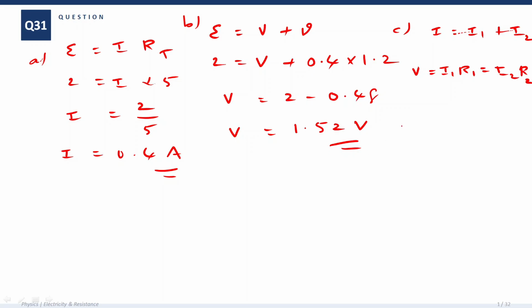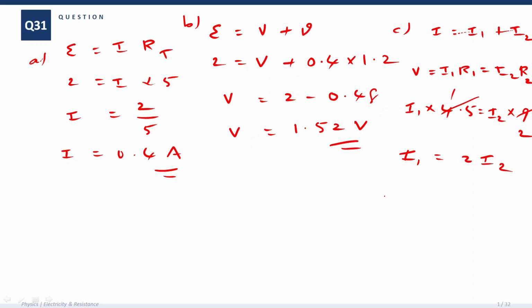Here I don't know I1 and I2, but R1 I know is 4.5 and R2 is 9. So 4.5 I1 equals 9 I2, which gives I1 equals 2 I2.